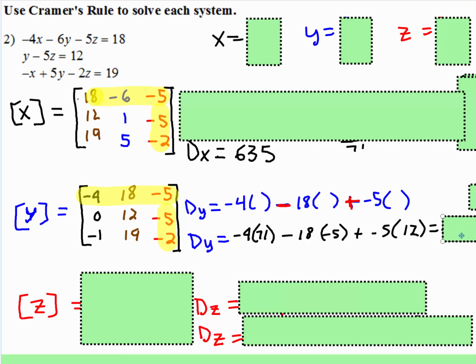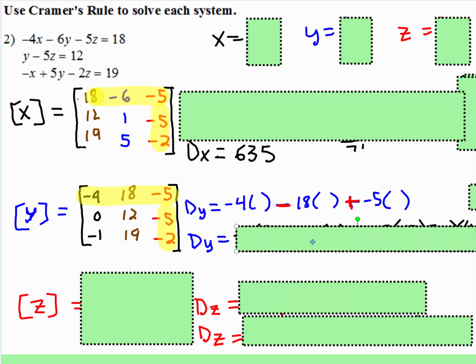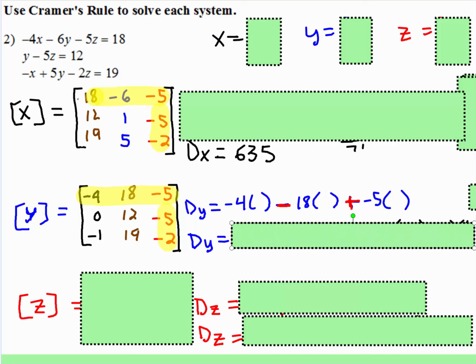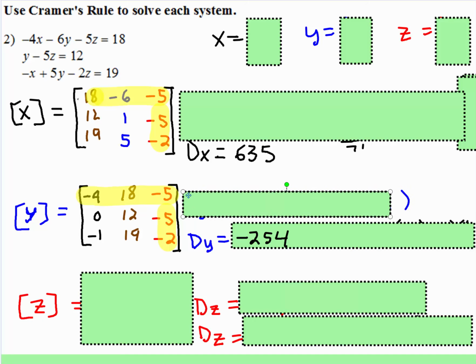And when you put all that into your calculator, -4 times 71, subtract 18 times -5, plus -5 times 12, you should arrive at -254. So that is the dy. So the dy value is -254.